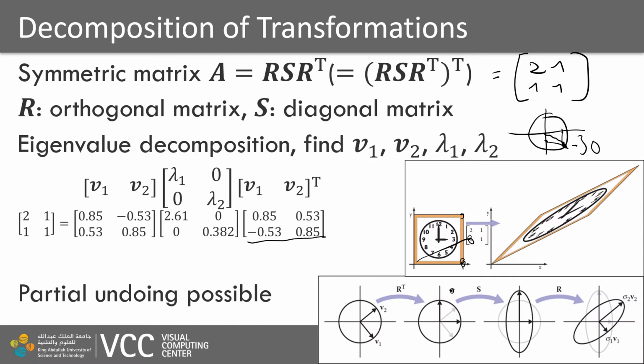Then we are performing the second operation, a non-uniform scaling, where the y-axis is scaled down, miniaturized, while the x-axis is scaled by almost a factor of 3. And then we are rotating back by 30 degrees, putting the points back where they were after the scaling operation.